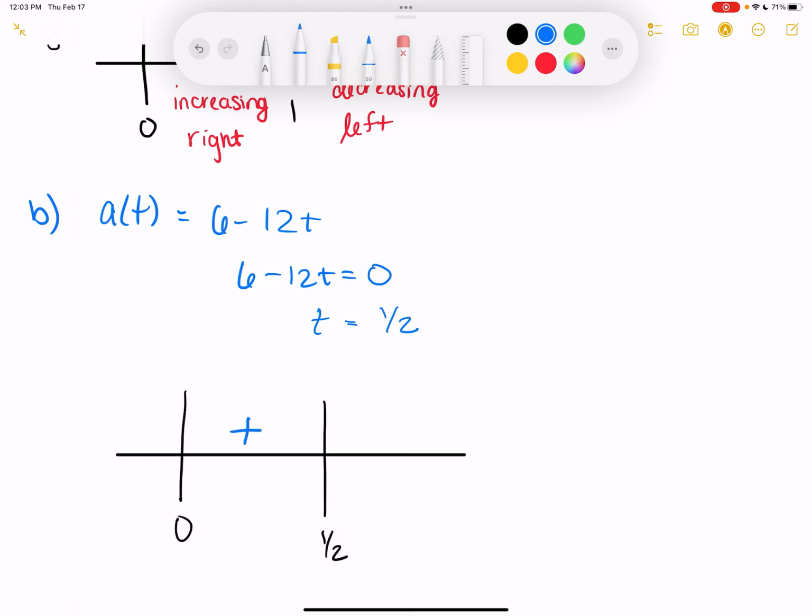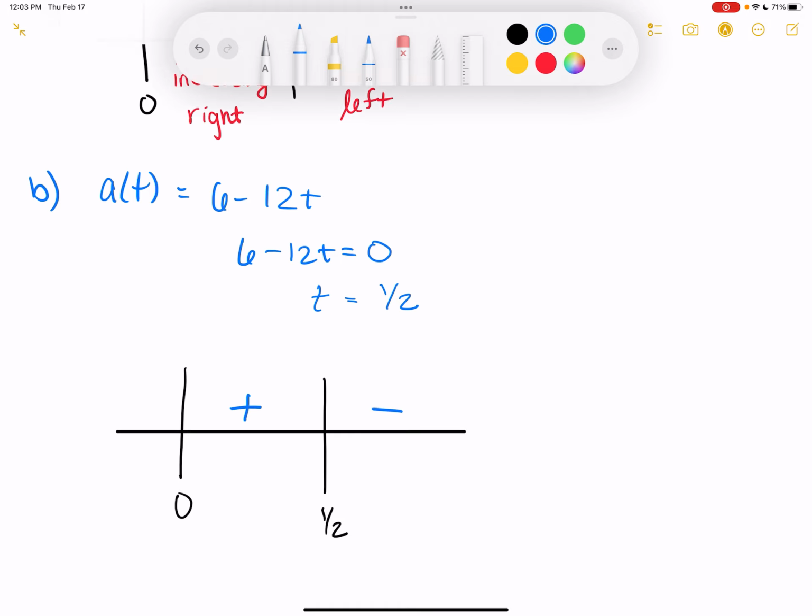And then over here, if I tried like 1, it's going to be negative. So that means in this region, it's concave up, which means that it is accelerating. Over here, since it's negative, it's concave down, meaning it is decelerating.